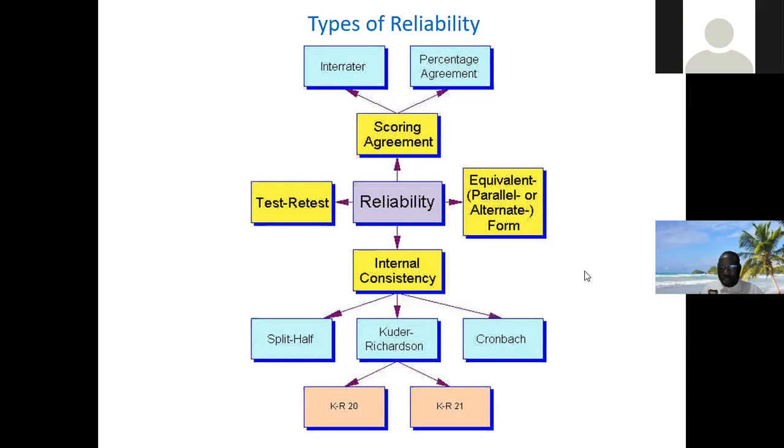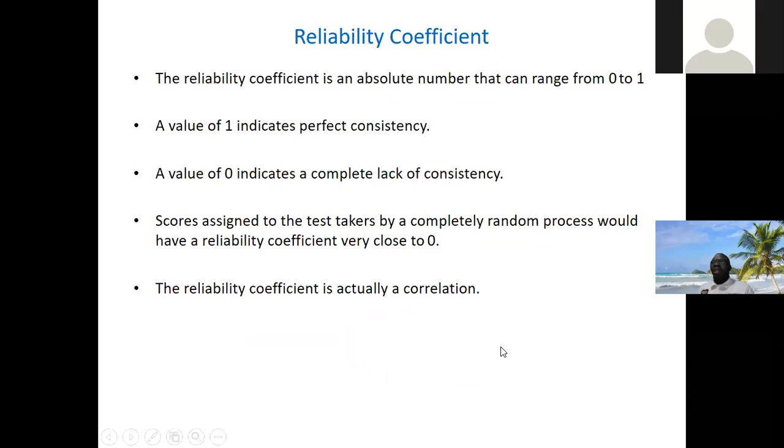Let's move on before we close. I just want to say, if you remember, for validity you don't have one coefficient. You can just do correlation. But here, there's what we call the reliability coefficient. The reliability coefficient is an absolute number that ranges from 0 to 1. It's like correlation, but it's not correlation because correlation can be negative.